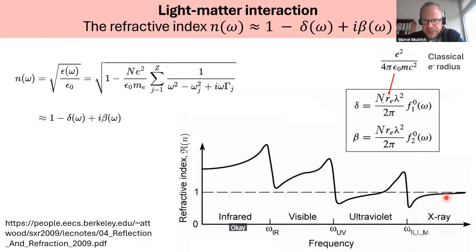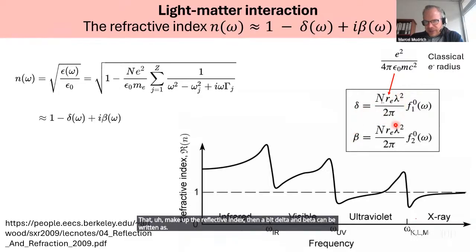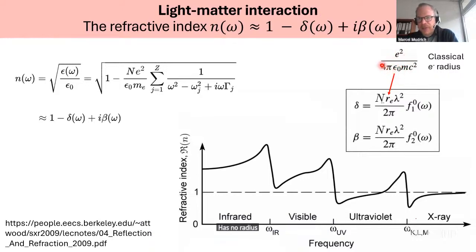Okay, just to understand the generic behavior of the refractive index. If we take a closer look at the parameters delta and beta that make up the refractive index, they can be written as a collection of constants. In particular, this r_e is called the classical electron radius, but the electron has no radius, right? This is just a collection of fundamental constants.